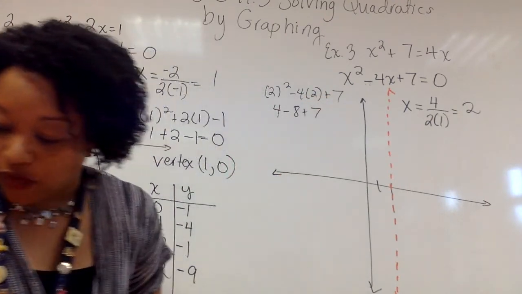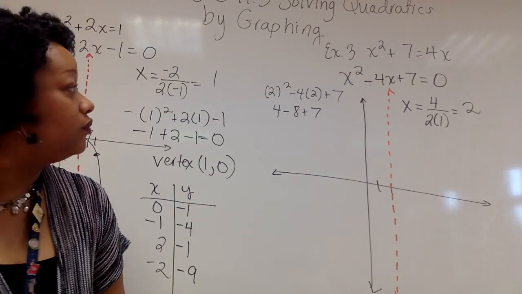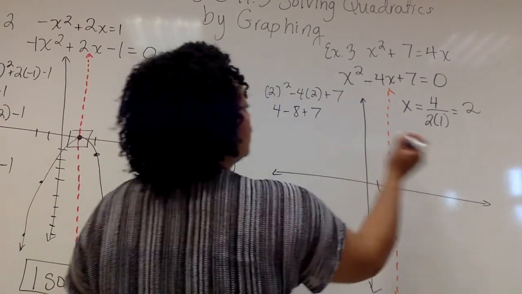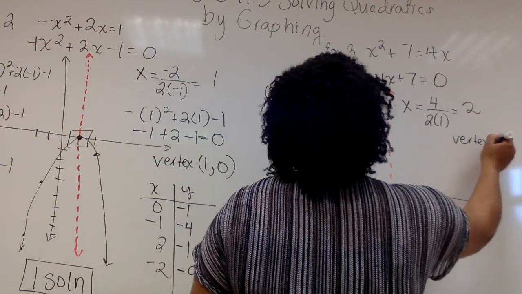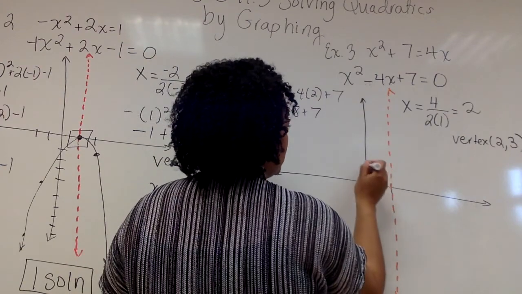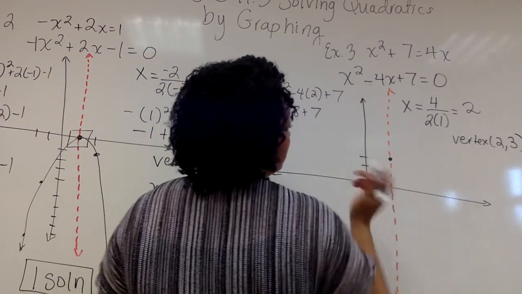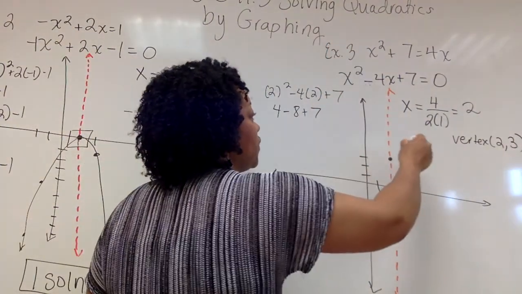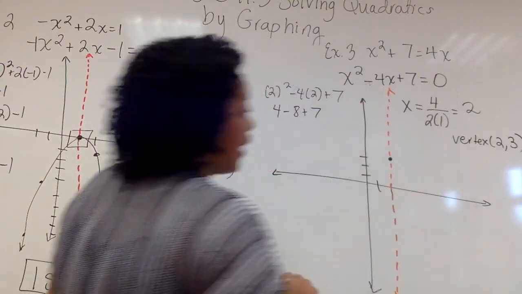Do a little math, or let the calculator do it for you. That gives me a 3, so my vertex is at 2, 3. So let's go ahead and plot that. 1, 2, 3. Right there. There's your vertex. So your curve is going to go down, down, down, hit the vertex, and go up, up, up. All right, what's next?